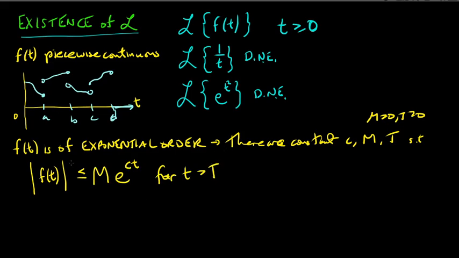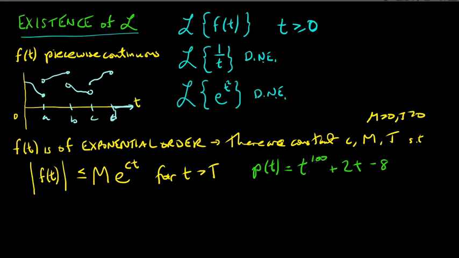So in other words, it behaves sort of exponentially. And that includes a whole lot of functions. Any polynomial function, no matter how big the t is. So this could be t to the 100th, plus 2t minus 8 or something.